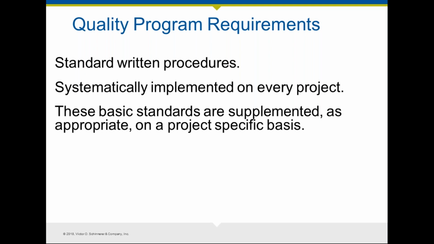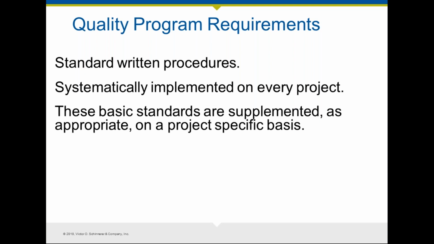And then on a case-by-case basis, you may well choose to supplement your basic quality program requirements based on the particular project. But whatever the case may be, this does impact the scope of your services, and you need to think proactively about what the quality program requirements are.